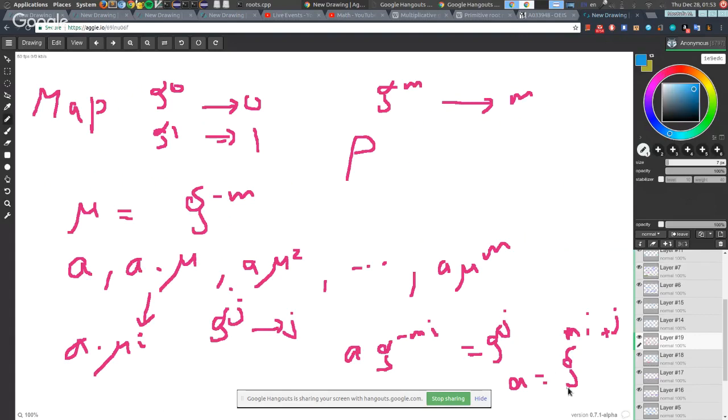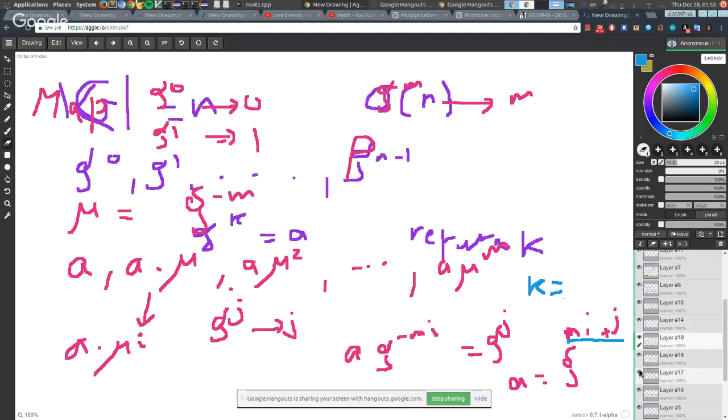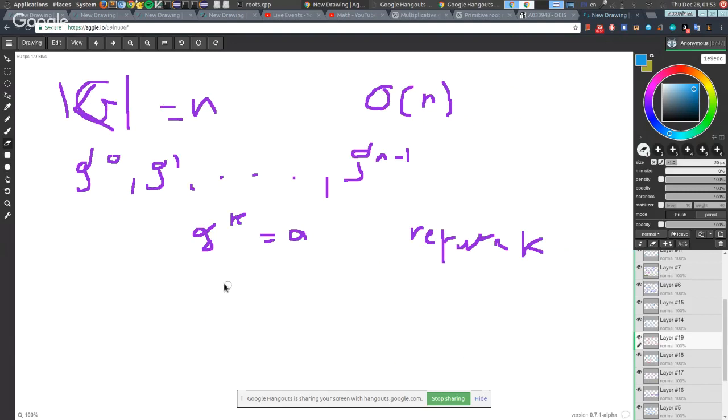So this value will be our k. We already know the i because we know where we stopped in this loop, and this j we already know from the map. So this is our expression. This solves the problem that we had, which is basically this one.